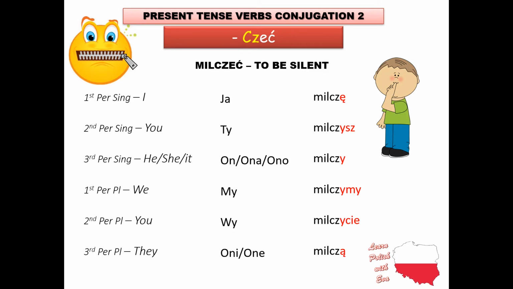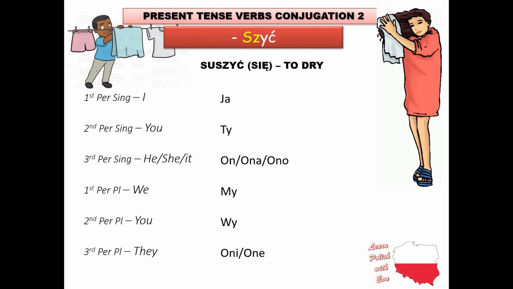So let's have a look at another verb, this time with the stem ending in szyć. The verb I've selected is suszyć. Note that I've also placed in brackets się, which is the reflexive pronoun that marks reflexive verbs in Polish, because suszyć can also be suszyć się, a reflexive verb, depending on how you use it, and that basically means to dry.